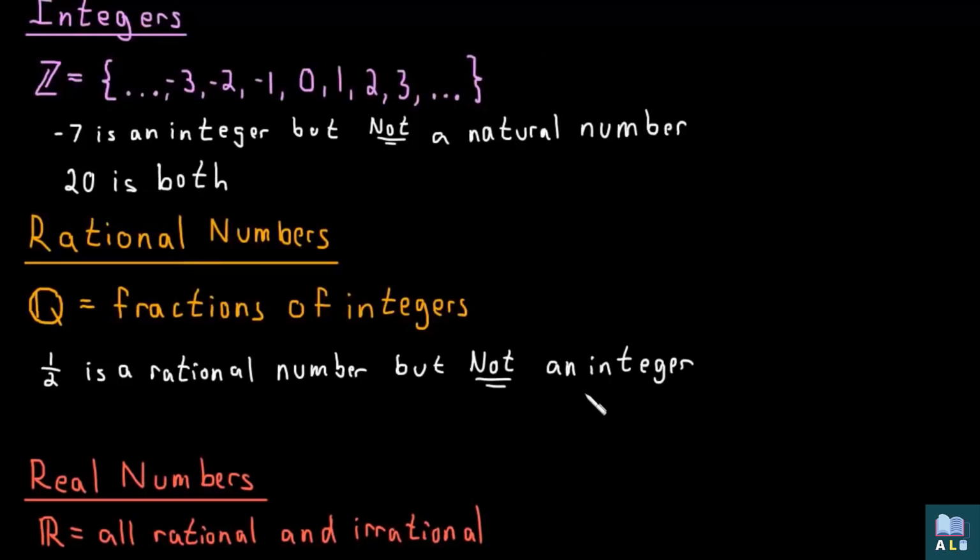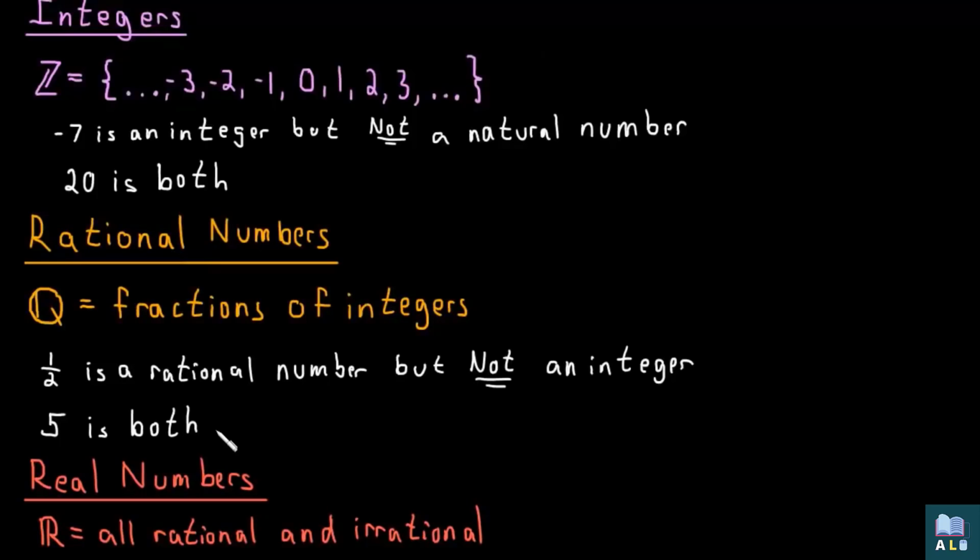Now, 1/2 is a rational number because if you look, 1 is an integer in the top and 2 is an integer in the bottom. So when we make a fraction with integers, that's a rational number. Now, can you think of any examples of a number that is both a rational number and an integer? Well, 5 is both.